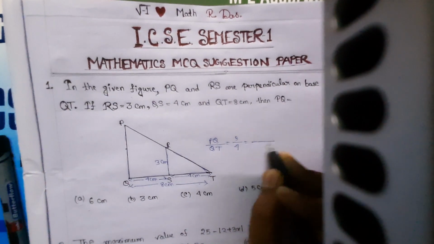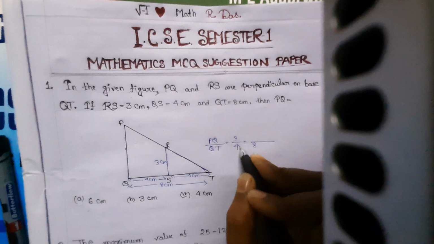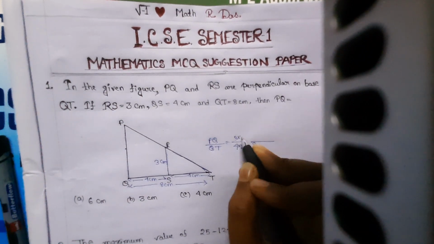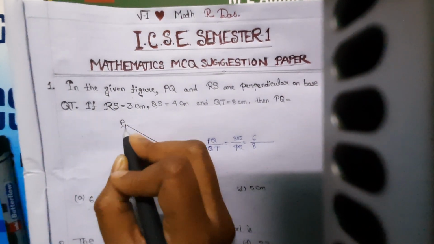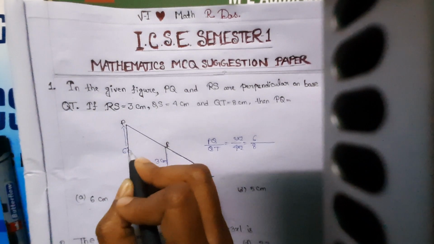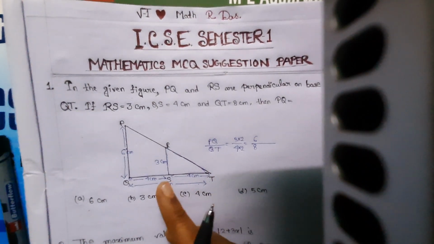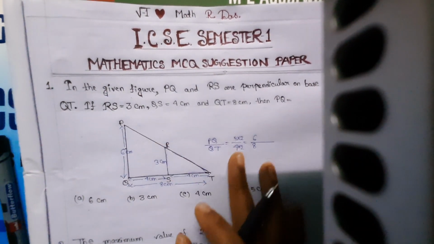Now here QT is 8. How can we get 8? Just multiply 4 by 2. In the similar way, you have to multiply 3 by 2. You get 6. So the length of PQ must be 6 cm. From your visualization, you can solve this problem without any lengthy calculation.